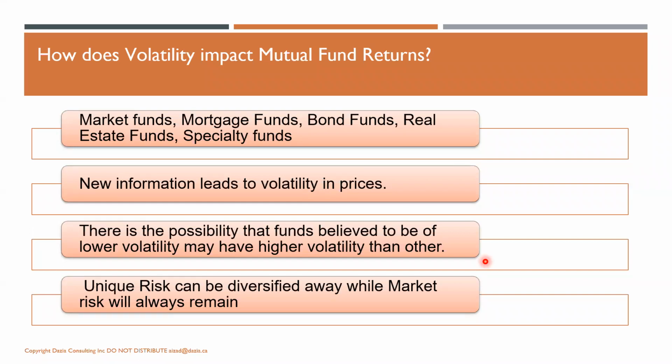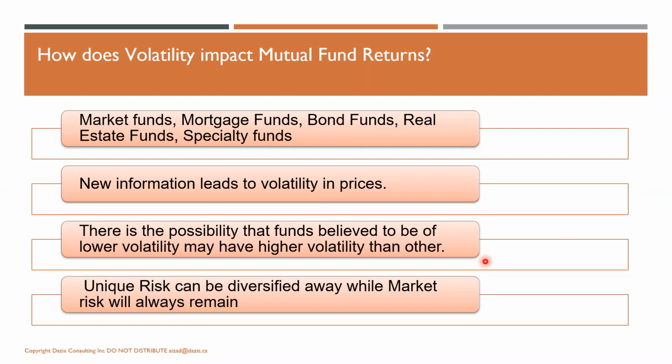If you add more stocks to your portfolio, unique risk means that with more diversification you will have less risk. You're reducing the risk because you added more stocks. But there's a limit. Let's suppose you put in 100 stocks.